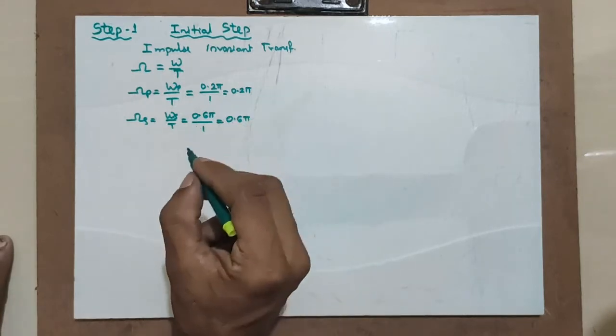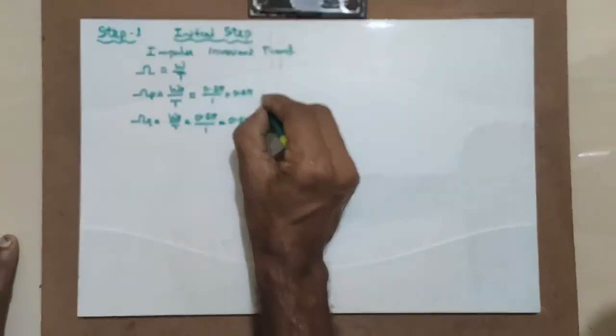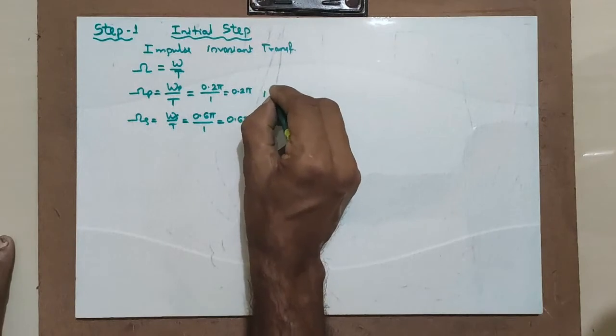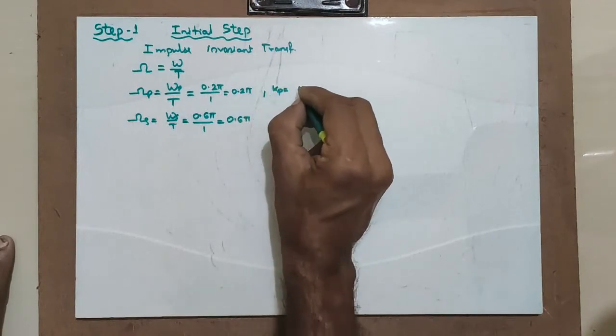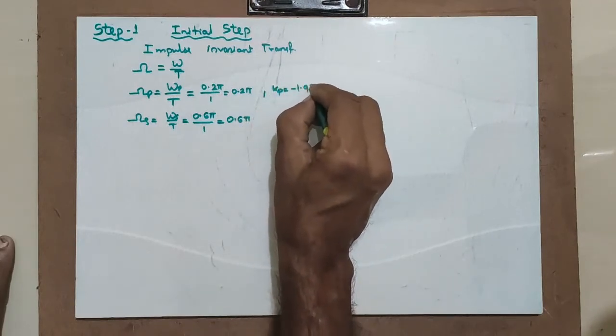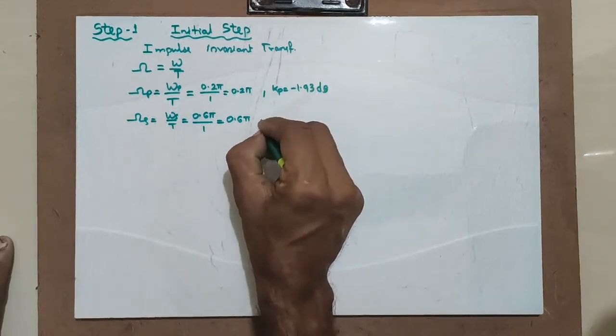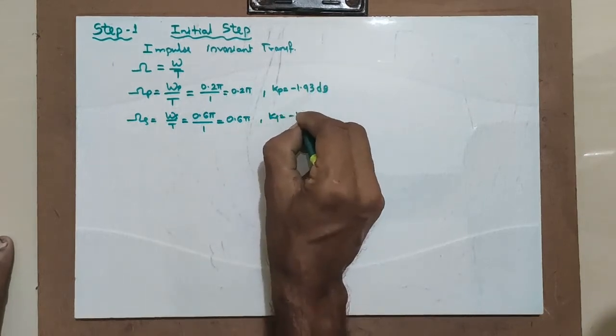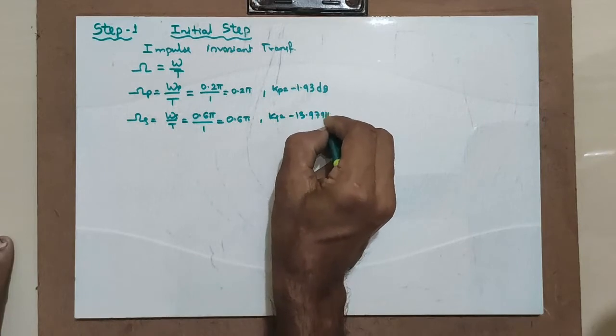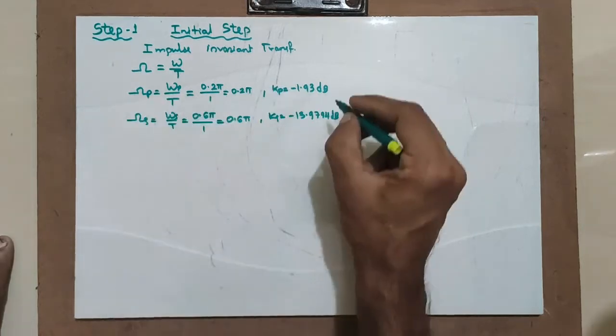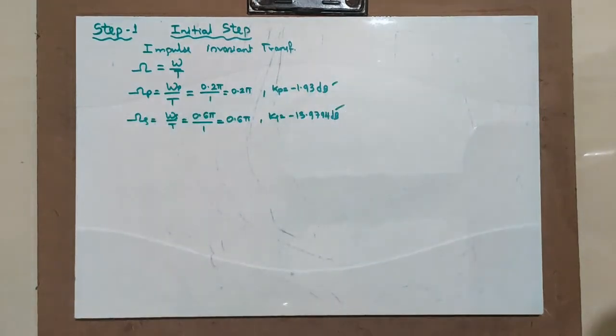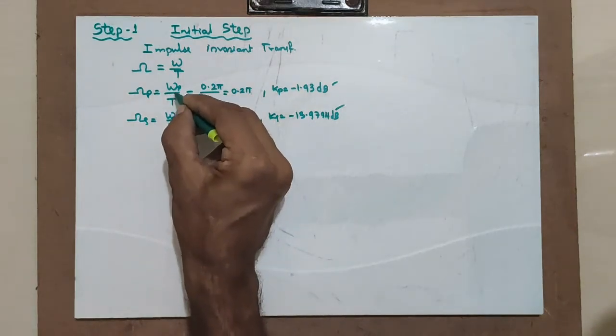Now the corresponding Kp and Ks values are available to you. Kp is equal to minus 1.93 decibels and Ks is minus 13.9794 decibels. These two values are correct, nothing to apply there.